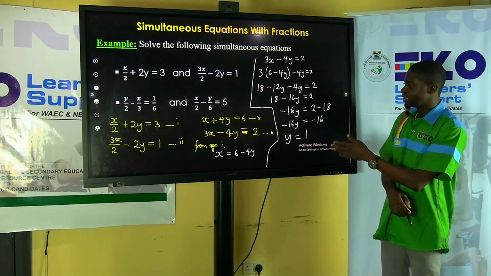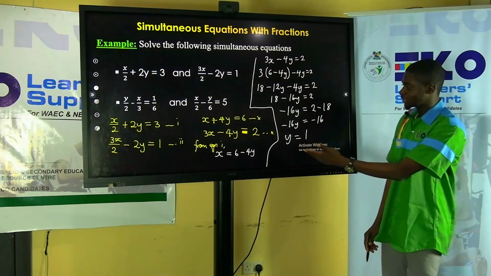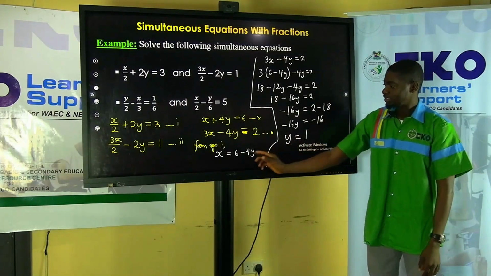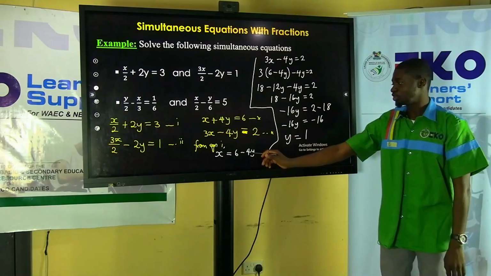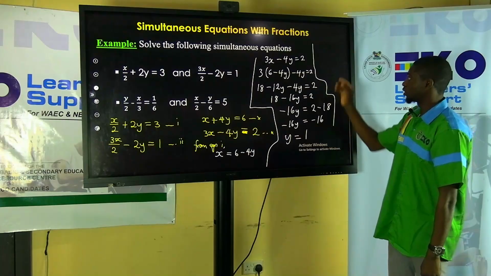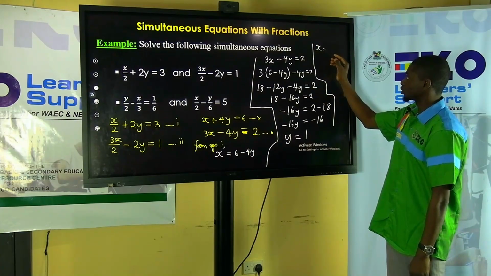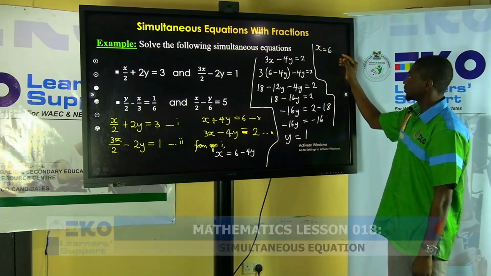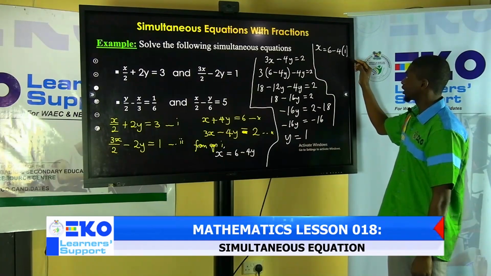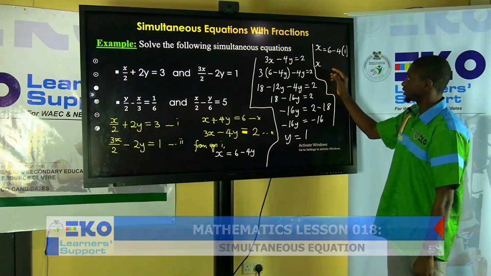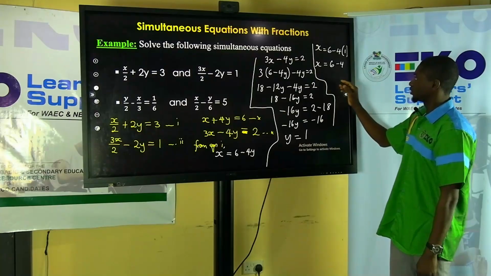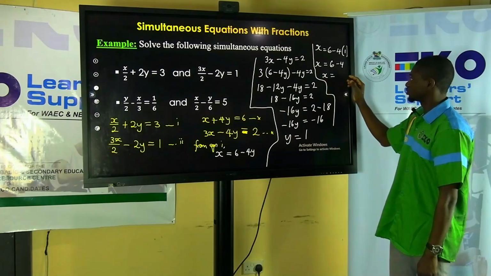We then need to move on to the value of x. We then go back into this that we have gotten earlier, substitute the value of y into this equation. So this becomes x equals 6 minus 4, open bracket, 1, close bracket, x equals 6 minus 4, then x will be equals to 2.